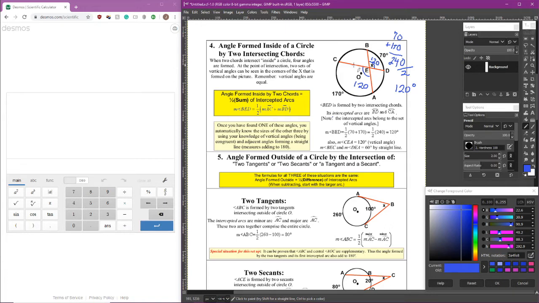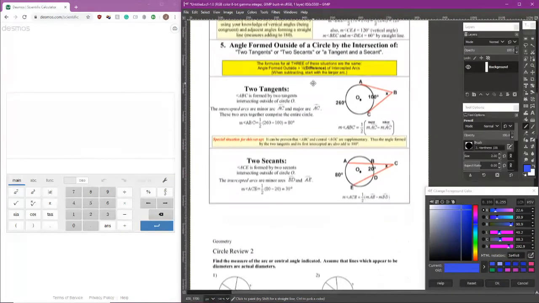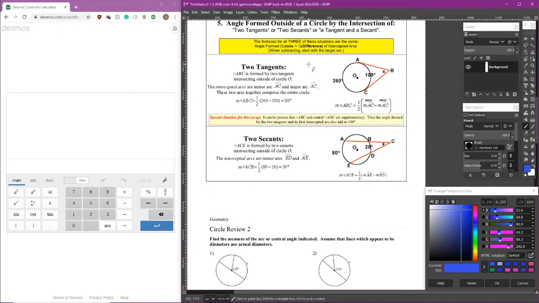Okay. All right, that's what happens when your angle is inside the circle. Now we're going to get some cases where the angle's outside the circle. Now this is very similar. The difference is you're going to subtract the two arcs. See, the formula says subtract 260 minus 100 and then take half of it.